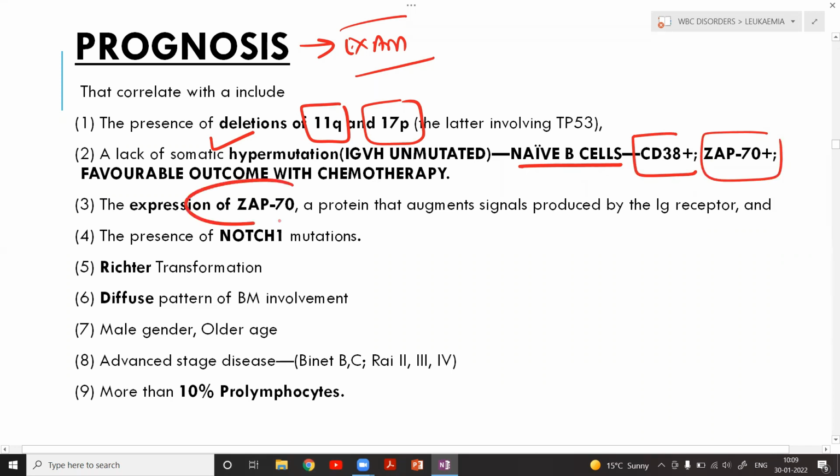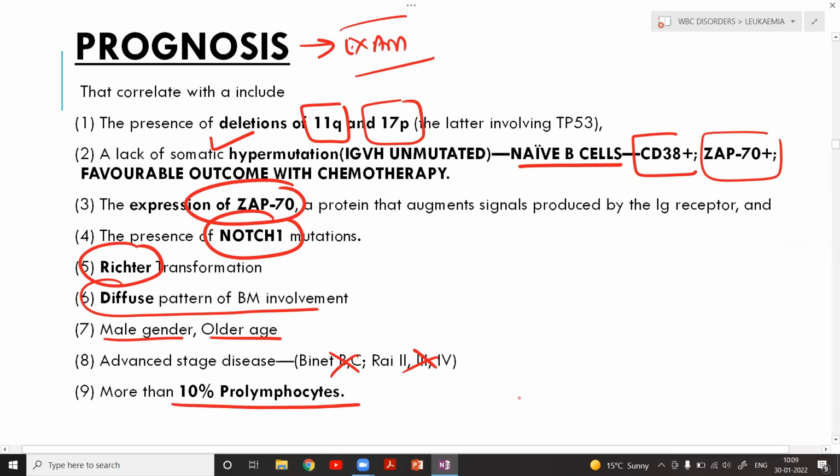The overexpression of ZAP protein, the presence of Notch mutation, Richter transformation, diffuse pattern of bone marrow involvement, male gender, old age, advanced stage disease, like you can just leave out the staging part, more than 10% pro-lymphocytes. The presence of all these features indicates a bad prognosis.